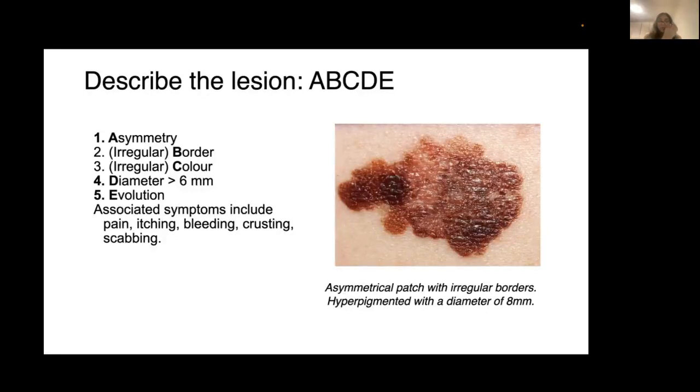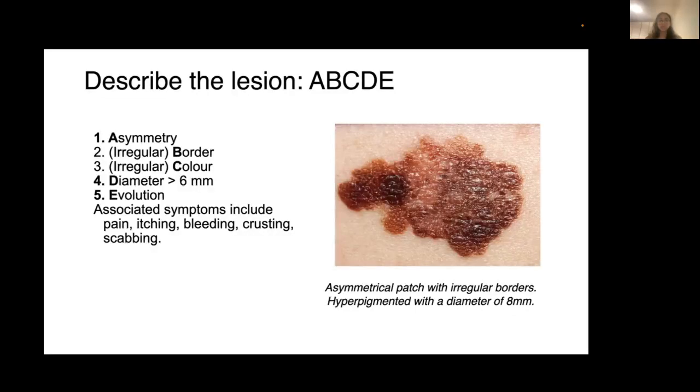When we're trying to distinguish whether a lesion might be malignant, typically people recommend using the ABCDE structure, particularly for finals and in an OSCE scenario. If anyone's not familiar with it, A stands for asymmetry, so is the lesion symmetrical or asymmetrical?